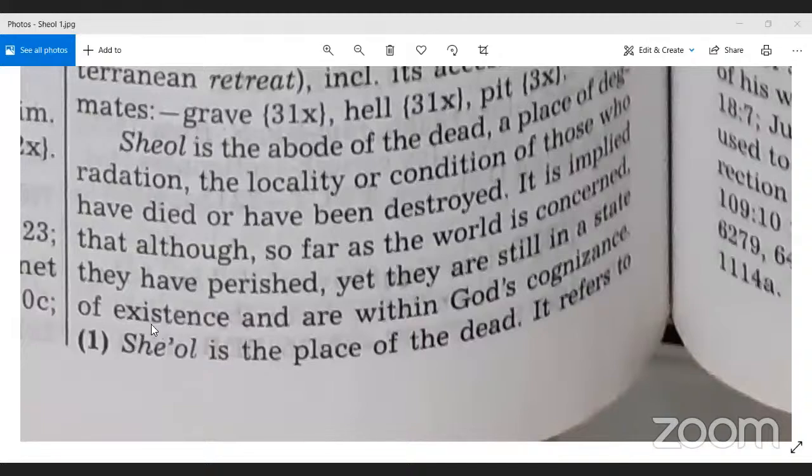Reality are those things you can experience that are concrete. Reality is consciousness, right? So in other words, if you replace existence with consciousness, they are still conscious, and are within the Most High's cognizance. They are still remembered according to their families. See that, y'all?